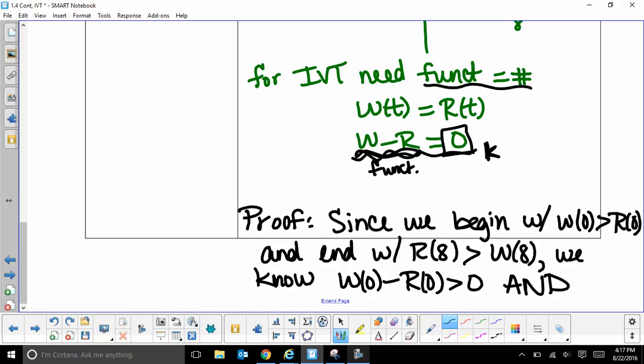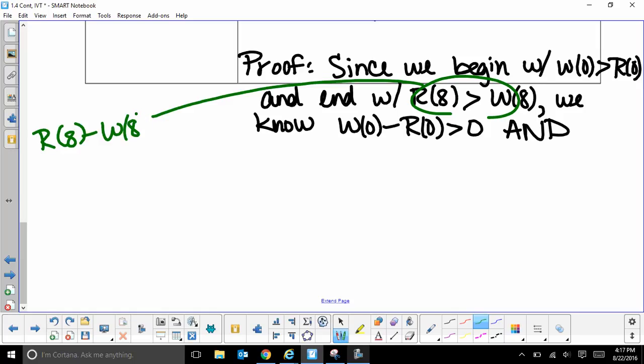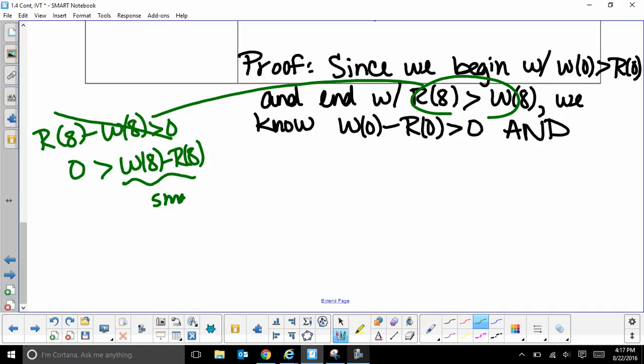And if you do the subtraction here, you get that R of 8 minus W of 8 is greater than 0, but if I want to put that in the other order, 0 greater than W of 8 minus R of 8, then that really means that this is smaller than 0.